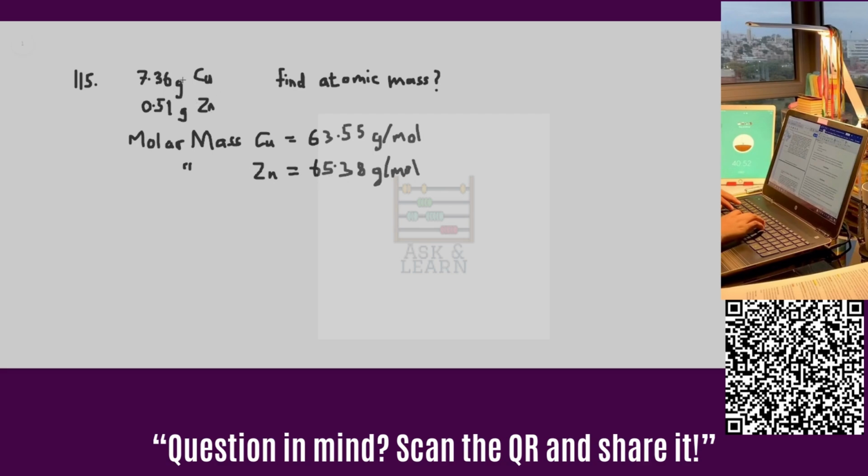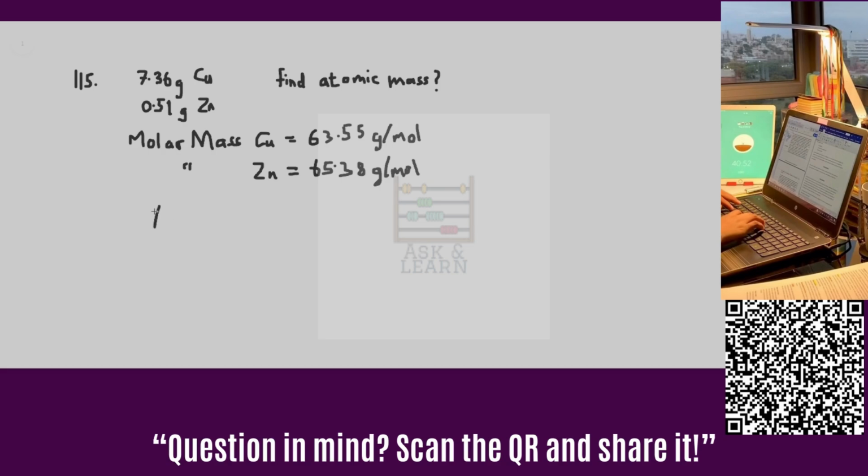So what we do next is find the total mass of the sample, and then find the respective percentages of these samples and multiply by the molar mass to get the mass contribution of copper, and do the same thing for zinc. And once we sum, that would be our apparent atomic mass for the sample.